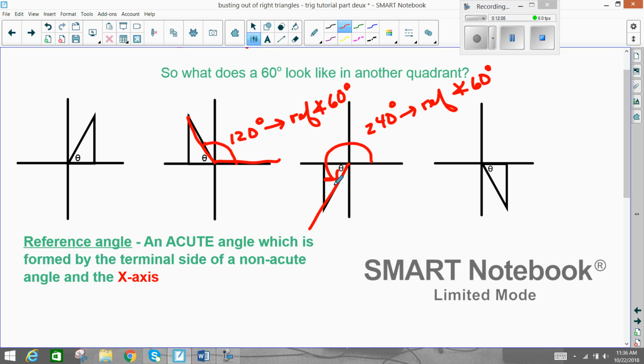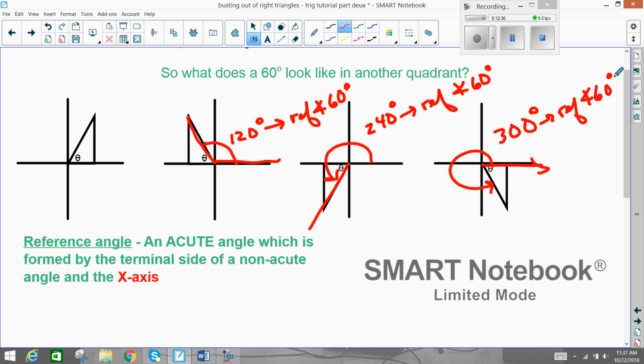But it's in the third quadrant. Lastly, let's talk about this angle here, all the way around. That's 60 degrees, so what's that whole angle there? Well, 360 minus 60 is 300 degrees, okay? It has a reference angle of 60 degrees.